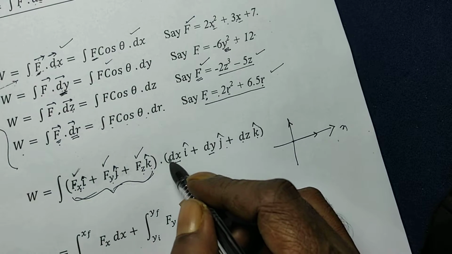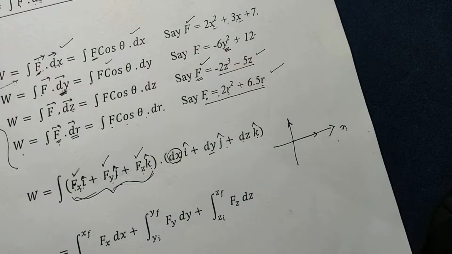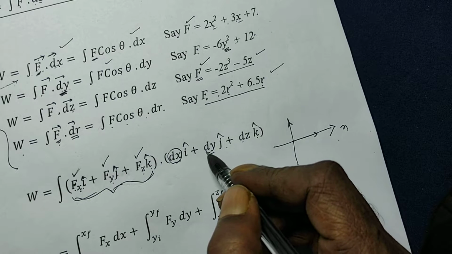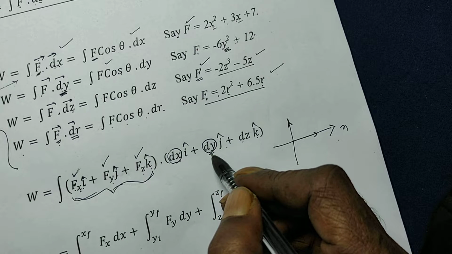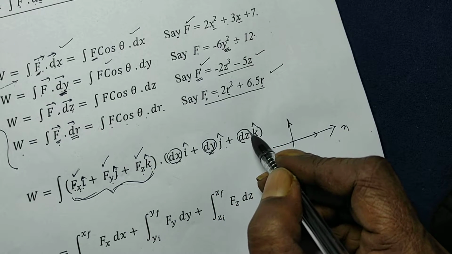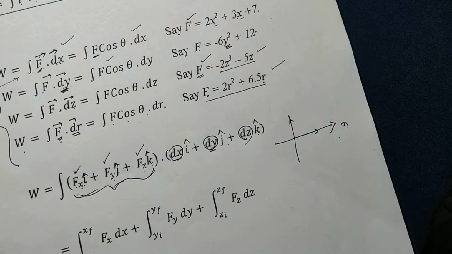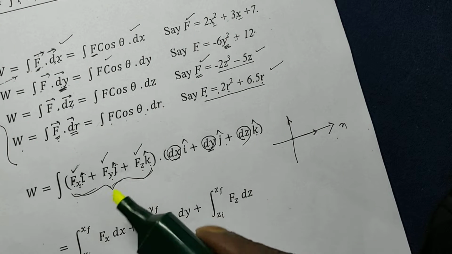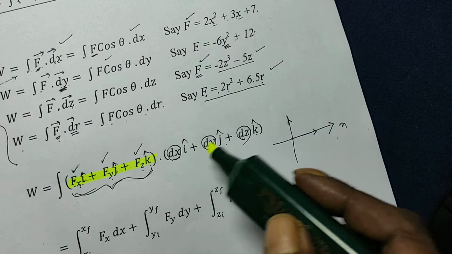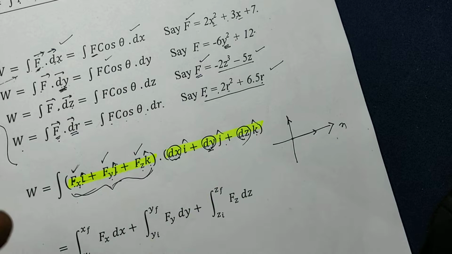This is the value of the displacement along the x-axis, this is the component along the y-axis, and this is the component along the z-axis. So this much part represents your force, and this much part represents your displacement vector.